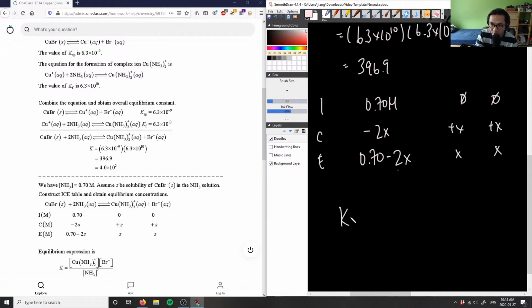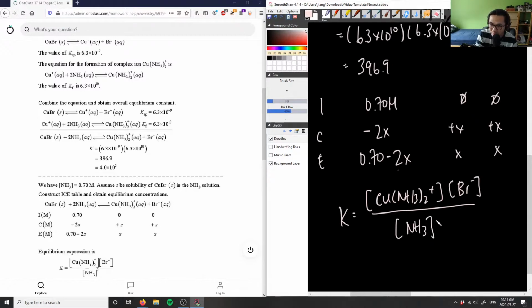So K is going to equal the concentration of our products, Cu(NH3)2 2+ Br minus, all over our concentration of ammonia, and this is going to be squared, because I have the coefficient of 2 here.